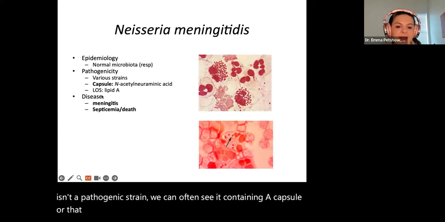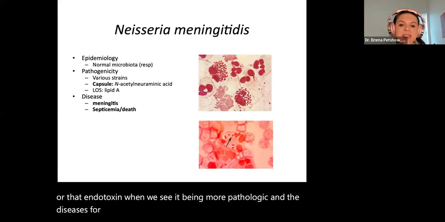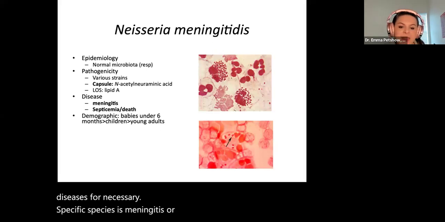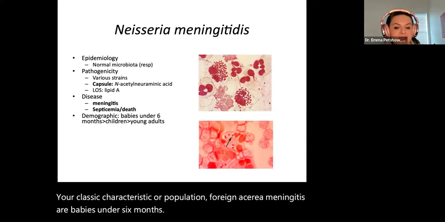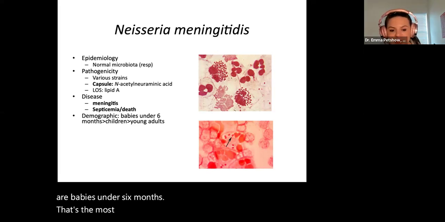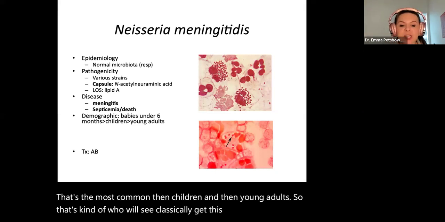The diseases for Neisseria meningitidis, the specific species, are meningitis or septicemia, which leads to death. Your classic population for Neisseria meningitidis is babies under 6 months. That's the most common, then children, and then young adults. So that's who we'll classically see get this form of meningitis.